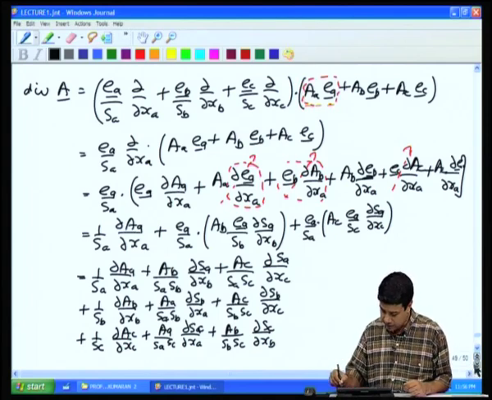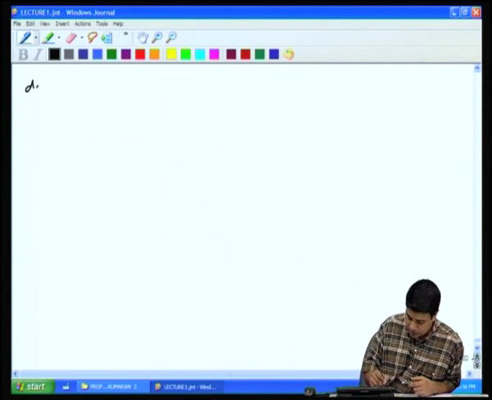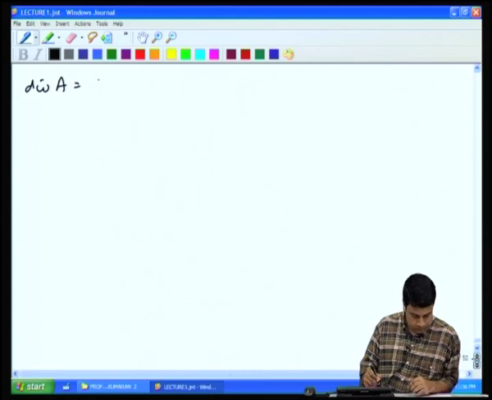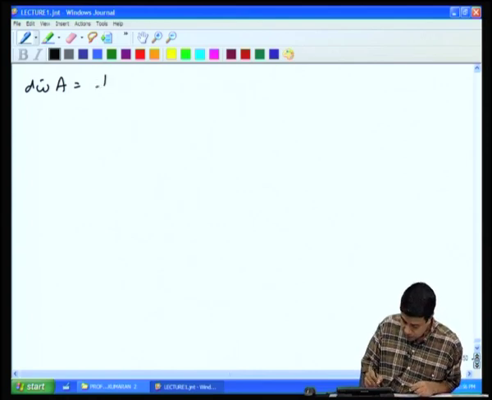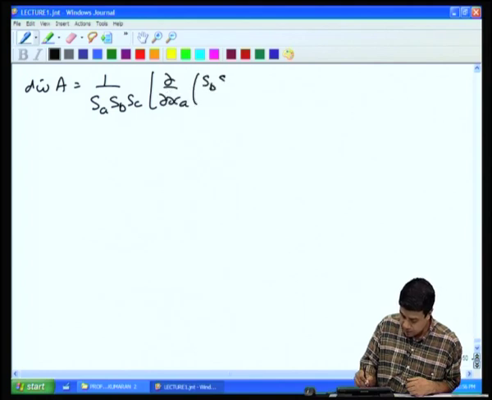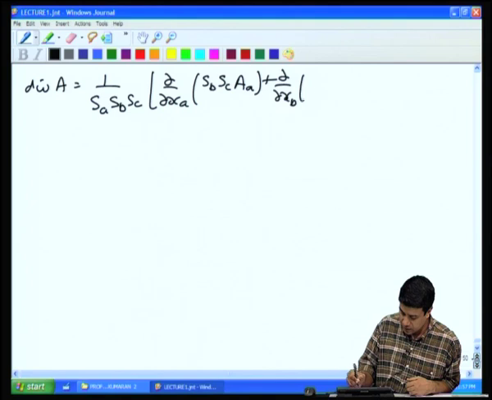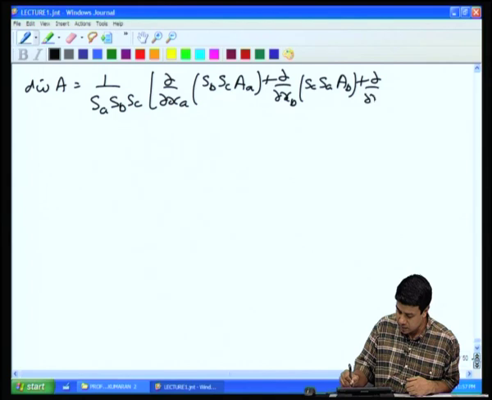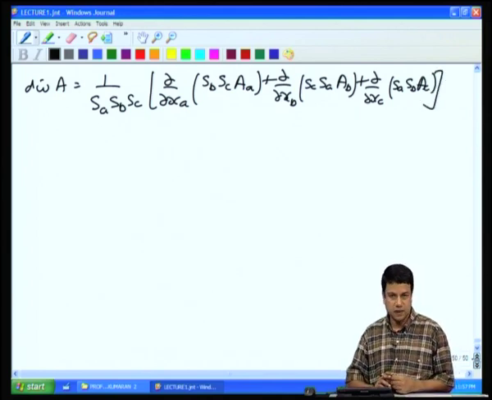You can write it compactly as divergence of A is equal to 1/(S_A S_B S_C) into ∂/∂x_A of (S_B S_C A_A) plus ∂/∂x_B of (S_C S_A A_B) plus ∂/∂x_C of (S_A S_B A_C). This is the divergence in terms of the scale factors.